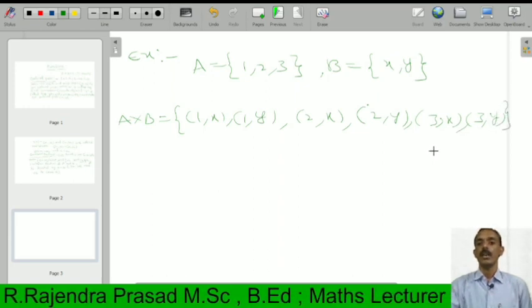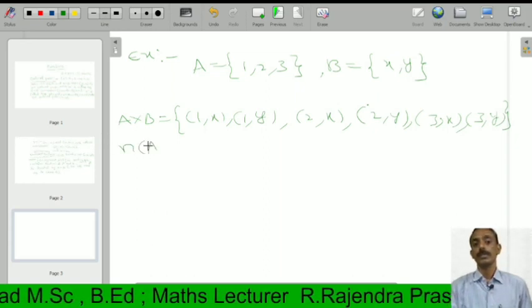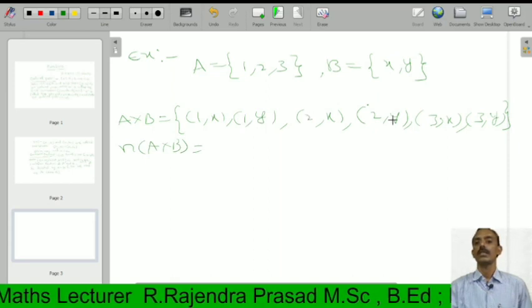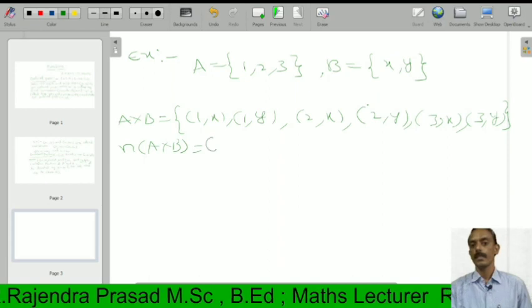This is A cross B. Number of elements in A cross B equal to 6.